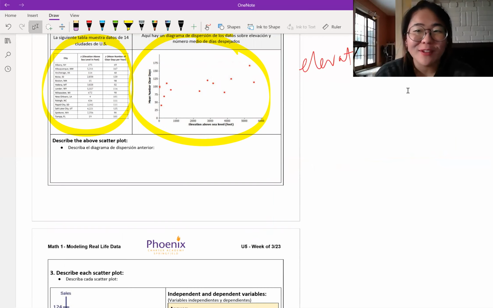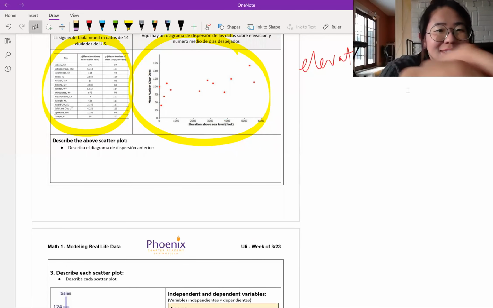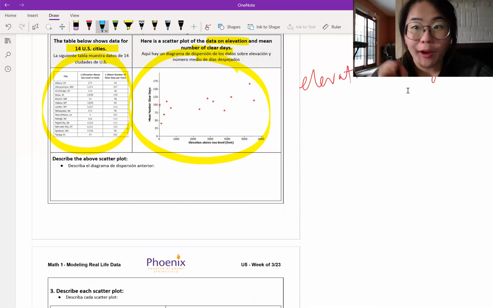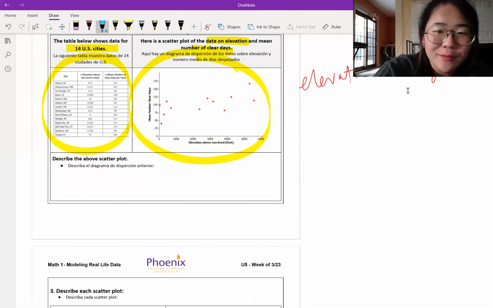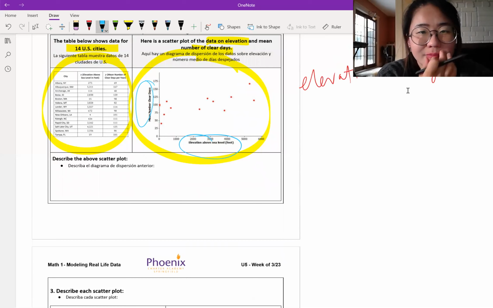What you should have said when you're describing the scatter plot is this. All right, so our independent variable is elevation, dependent is number of clear days.